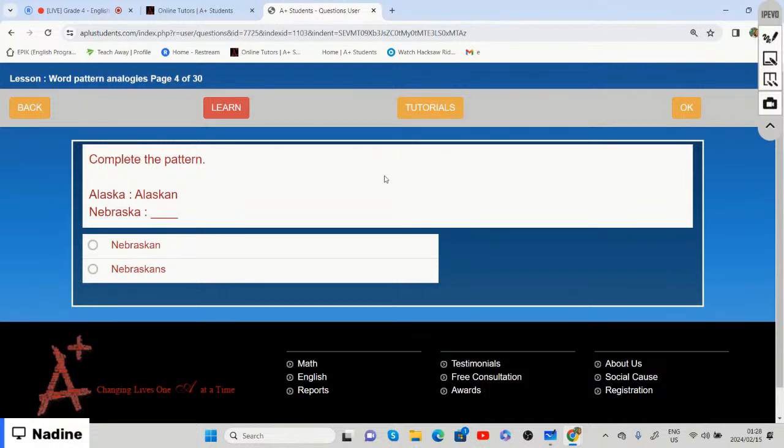All right, now we have to complete the pattern. It says Alaska, which means that people from Alaska are Alaskan. Then we have Nebraska. People from Nebraska, is it Nebraskan or Nebraskans?